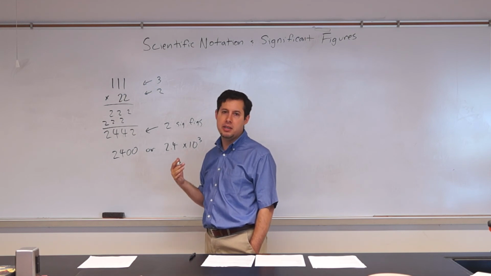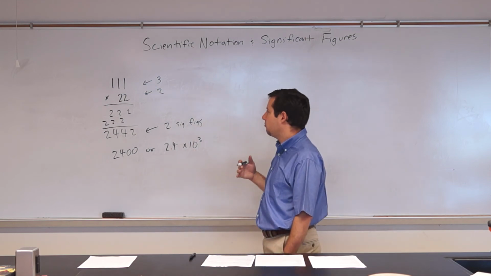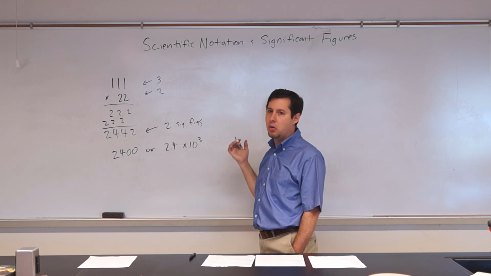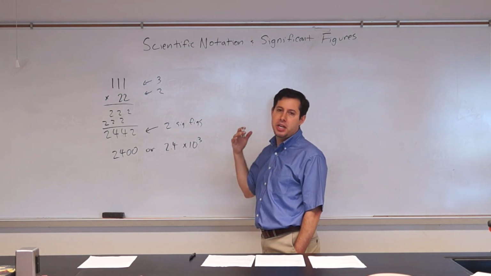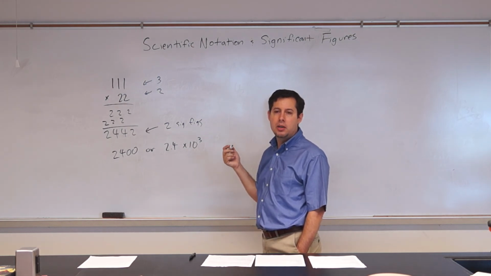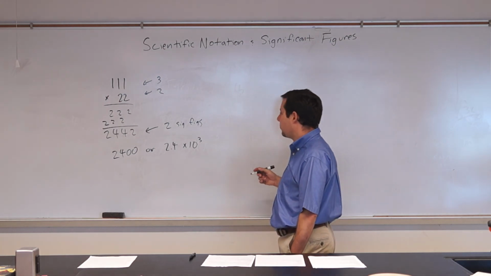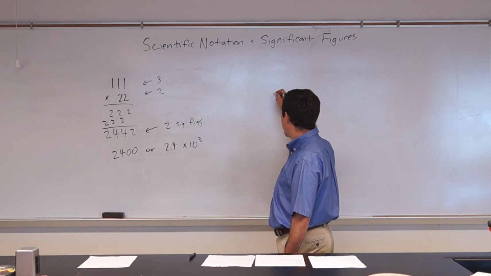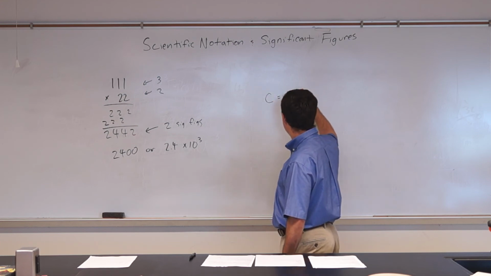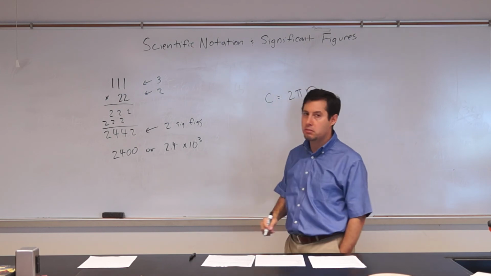The exception to this is, let's say you're dealing with whole numbers that are exactly whole, like 3 jelly beans, for example, or you're dealing with the circumference of a circle, and you say the circumference is 2 pi times the radius.